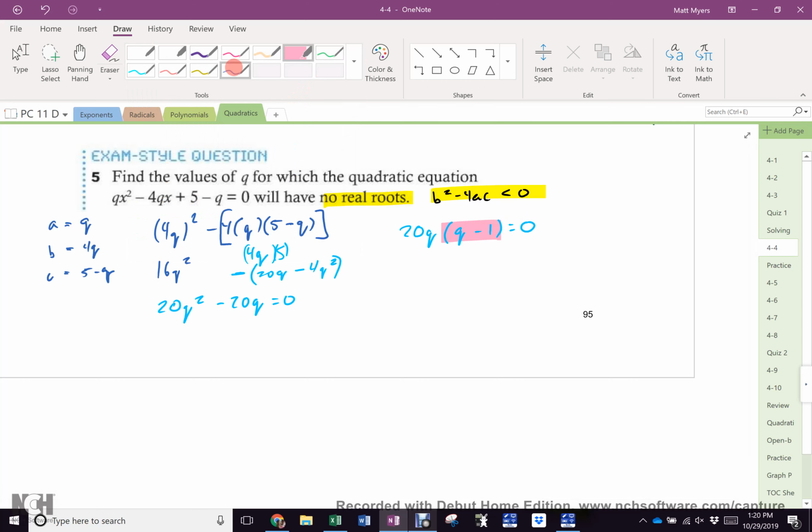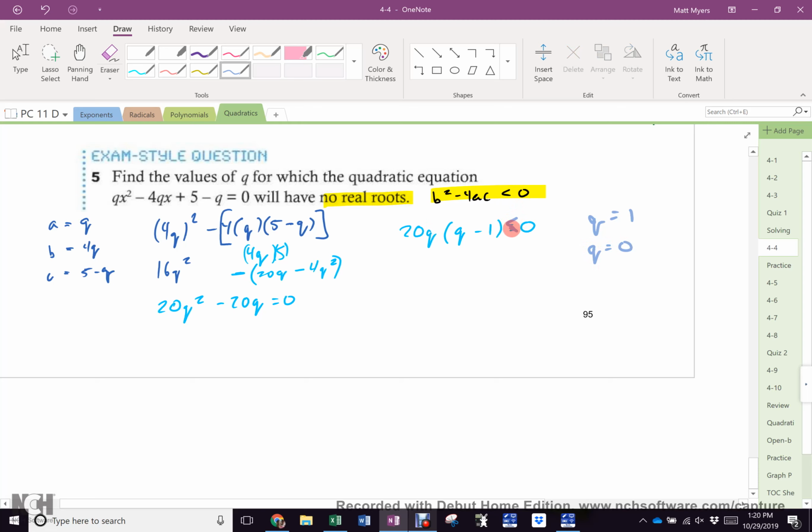You know that Q equals 1 there, right? But almost all of you forget there's another Q here, right? This would be Q equals 0 if it was equal. But we don't want equal, do we? We want less than 0, yes?